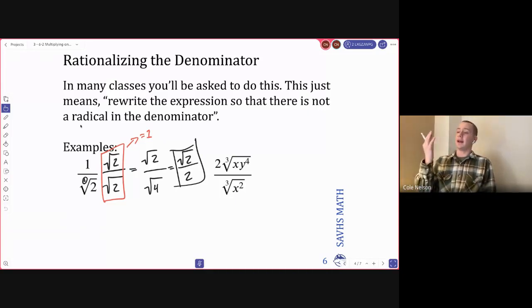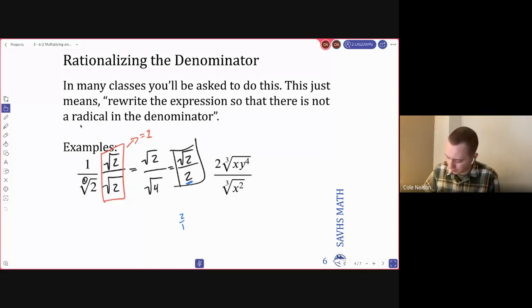But I got rid of the radical in the denominator. I rationalized the denominator. We call it that because rational numbers are numbers that you can write as fractions, and 2 is a number that you could write as 2 over 1. So 2 is a rational number. Anything that has a radical is typically not a rational number.